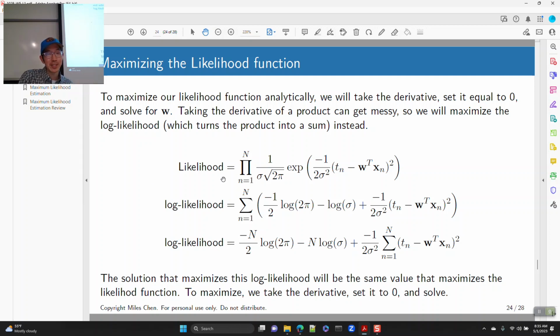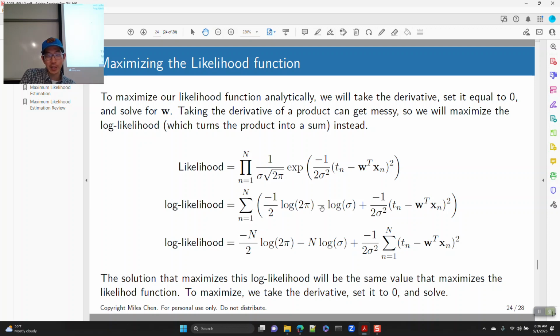So we're going to take the log of this product, and we get the log likelihood, and now we have the sum of all of these terms. So the sum of the log of the terms, right? And you look at each of these, and 1 over sigma root 2 pi becomes, in the denominator, so you get negative 1, and then this is a square root, so it's negative 1/2 of log 2 pi.